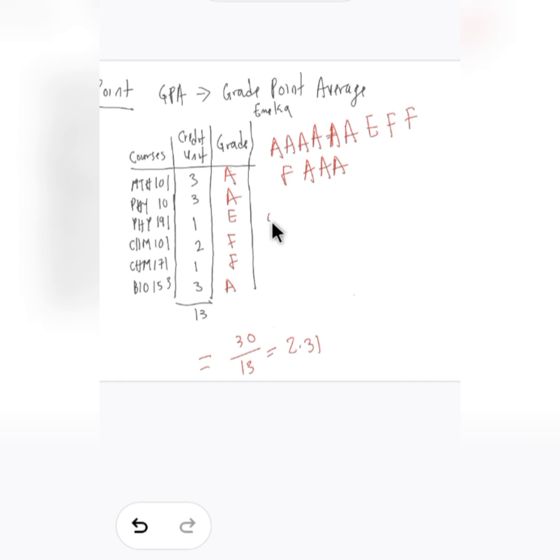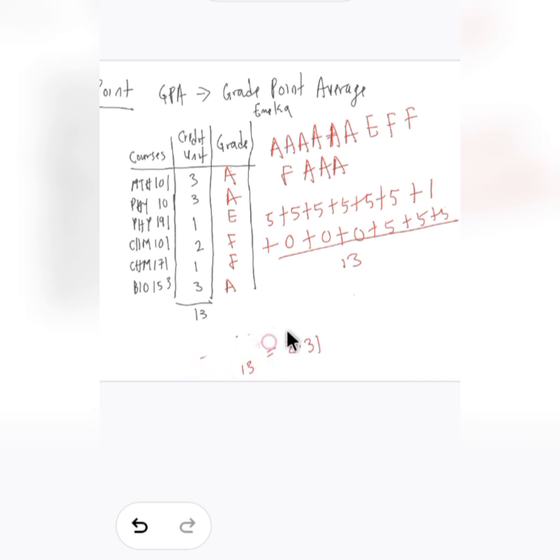So this is 5 plus 5 plus 5 plus 5 plus 5 plus 5 plus E stands for 1, F stands for 0, 0, 0, 5, 5, 5. Everything divided by 13, which is the total.